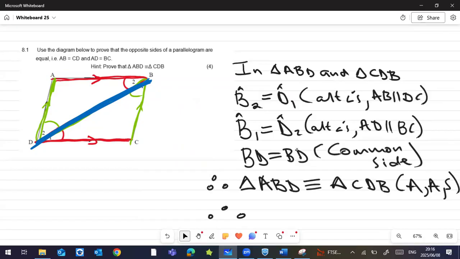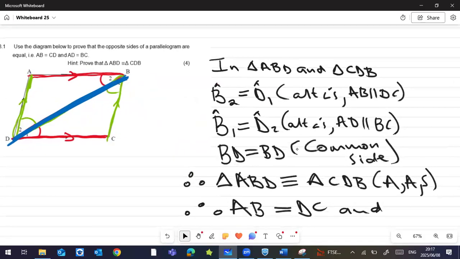Now we can clearly see that AB corresponds with DC, so AB will be equal to DC from congruency, and we will conclude that also AD will be equal to BC from congruency.